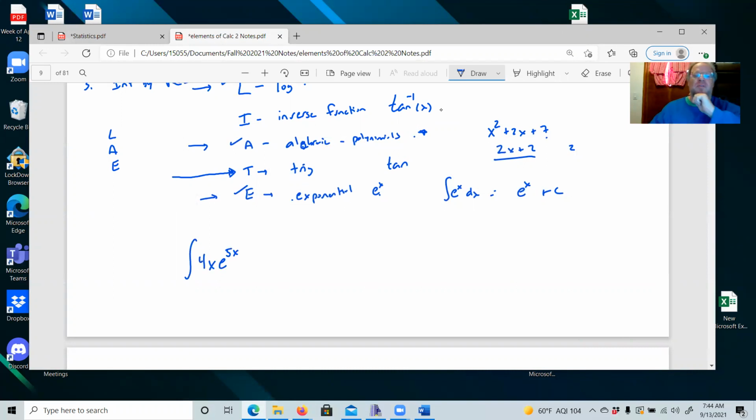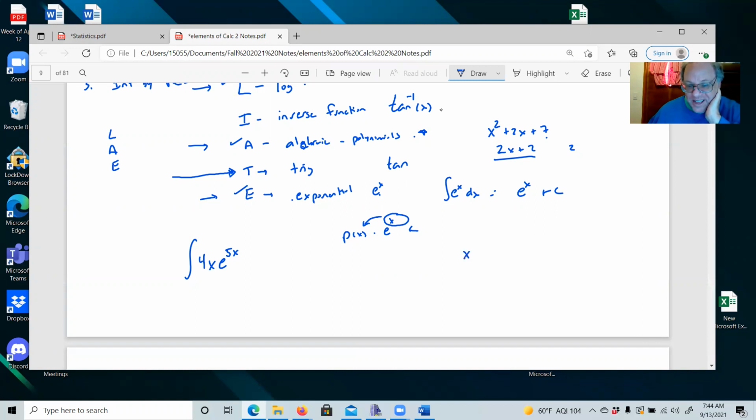There are certain forms that scream at you, hey, use integration by parts on this. Anytime you have a polynomial of x times an exponential function, unless the derivative of the exponent happens to be there, you're pretty much looking at integration by parts. What do I mean by that?